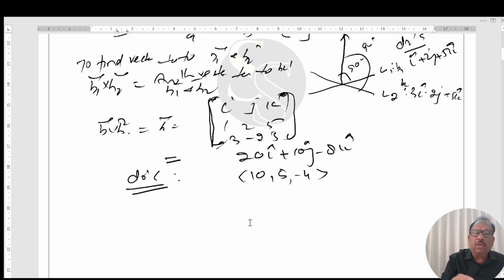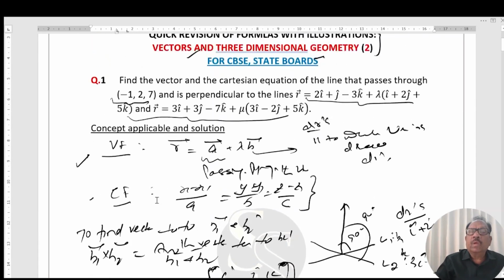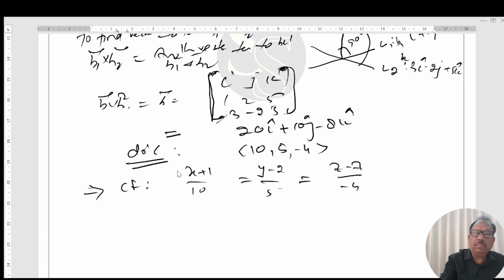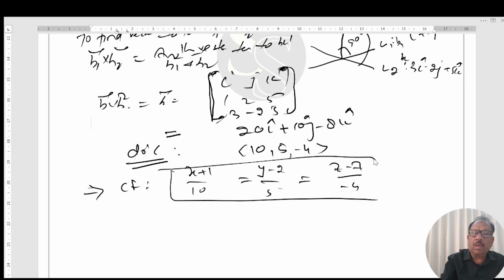Means we have to find the equation of the line passing through the point. Cartesian form will be the equation of line with passing point minus 1, 2, 7: (x plus 1) upon 10, (y minus 2) upon 5, (z minus 7) upon minus 4. This is the answer.